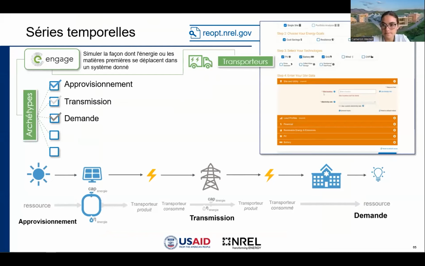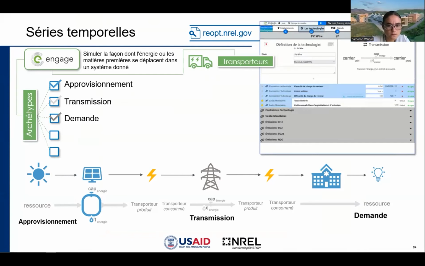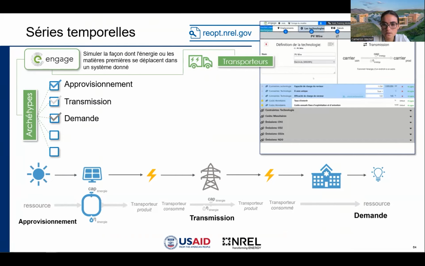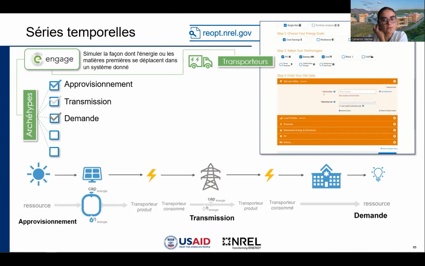Okay. So if you specify your location within REopt and then select your building type, you can click on the electric profile in the bottom left corner, and you'll have a sample load that is ready to go.